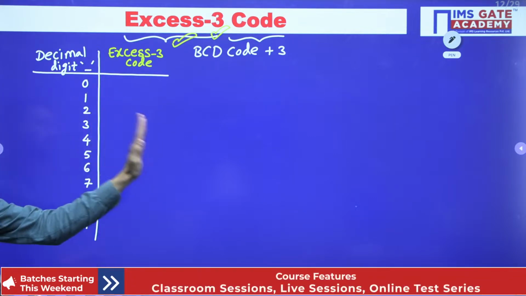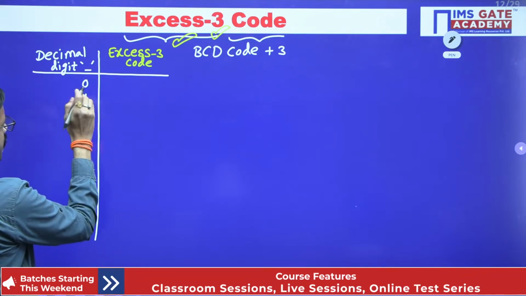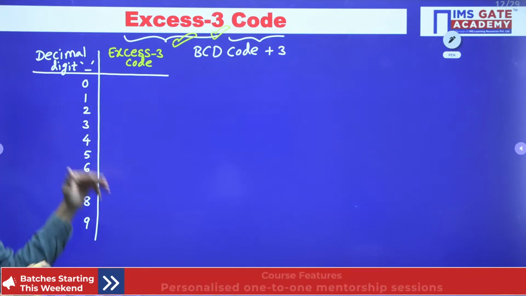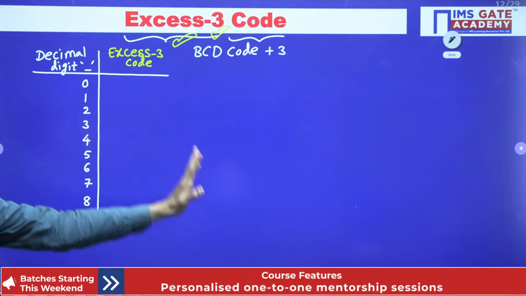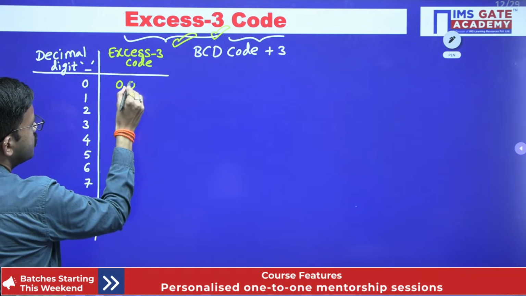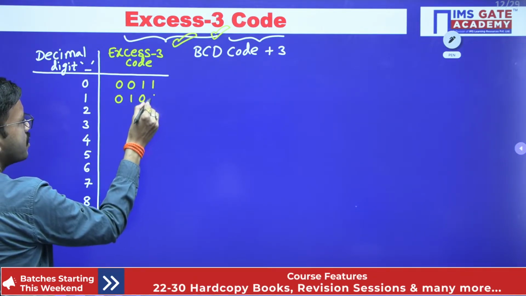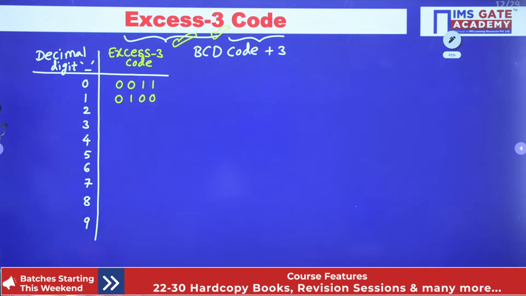Whatever earlier code we have written, just you have to add 3. Or otherwise, whatever the number here you are having, first of all you can add 3 and write the corresponding binary. Both are same. So 0 plus 3 is nothing but 3, 0, 0, 1, 1. Next, 1 plus 3 is 4, 0, 1, 0, 0. So in this way, in the sequence you can write, simple.